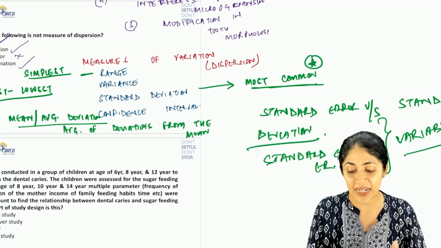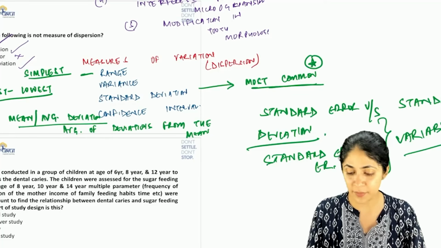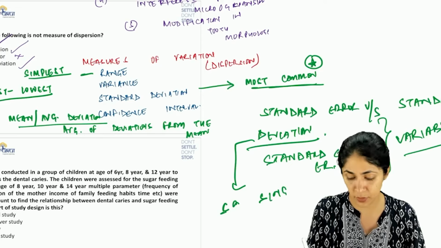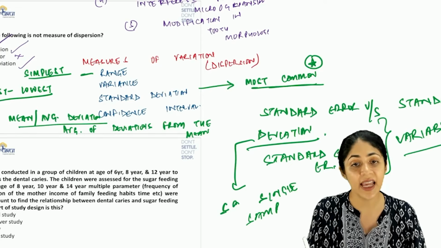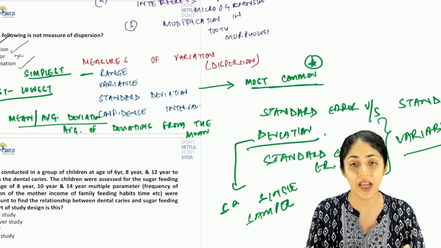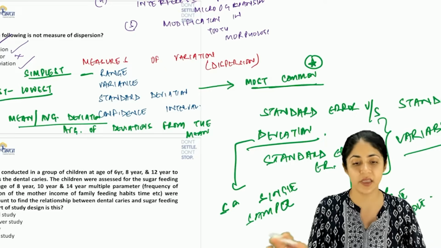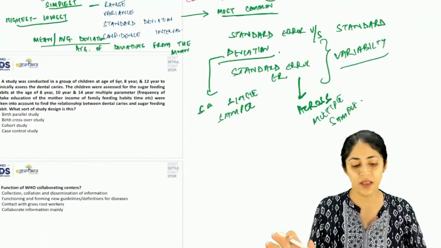But the standard deviation measures variability within a single sample, and the standard error estimates the variability across multiple samples. This is what we understand by standard error.